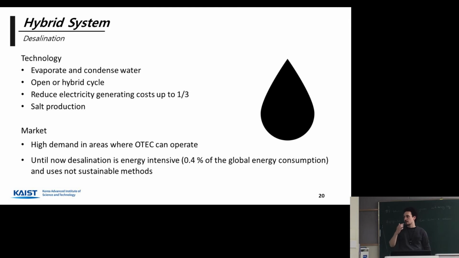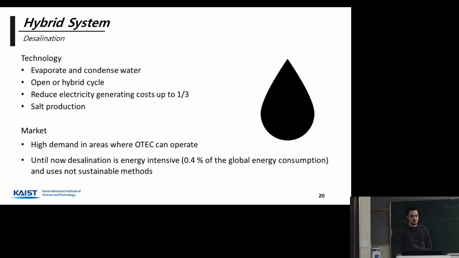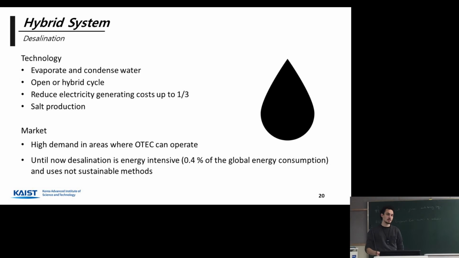So this is a hybrid combination. Some studies show that it can reduce the electricity cost by around a third. And more than that, we can also produce salt. We can also make this a business.